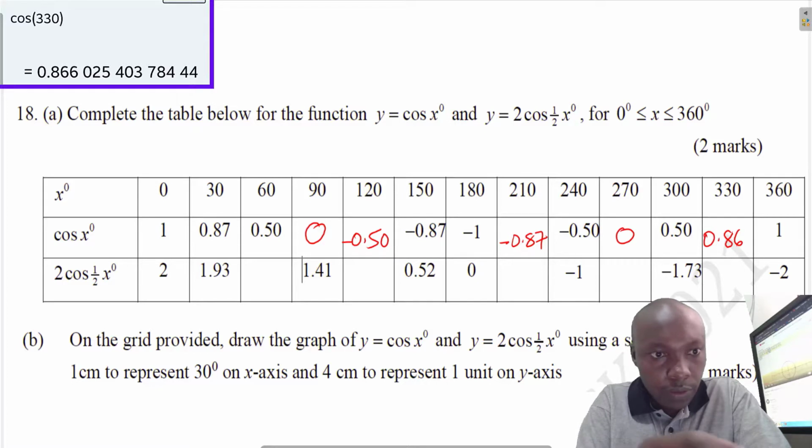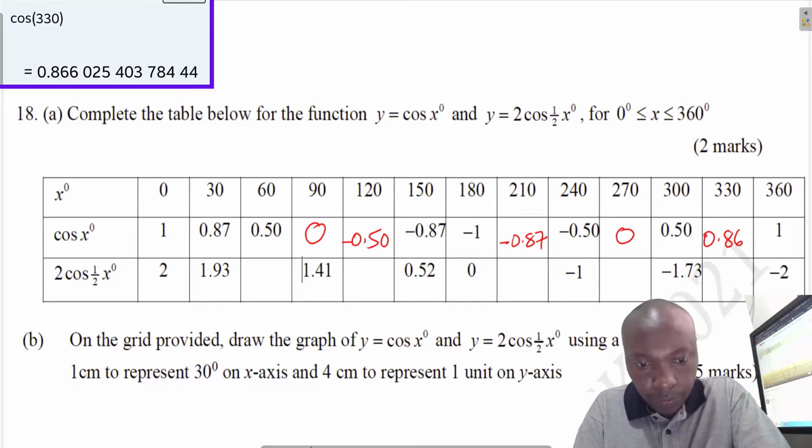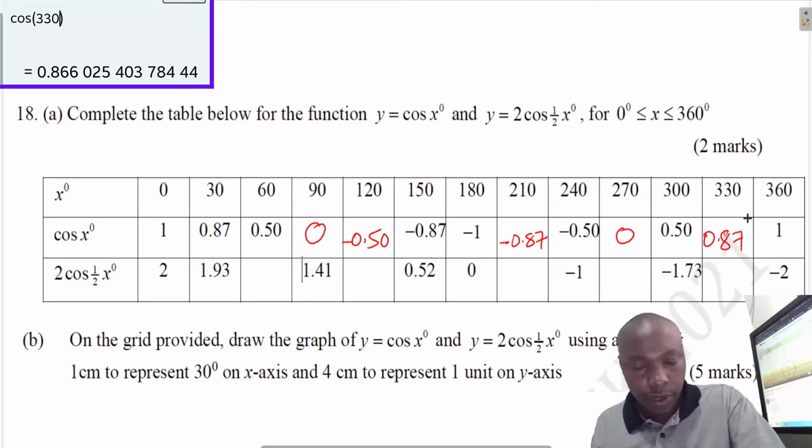Let me erase these. We are through with the first row.